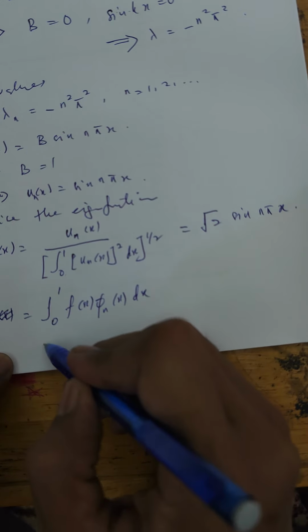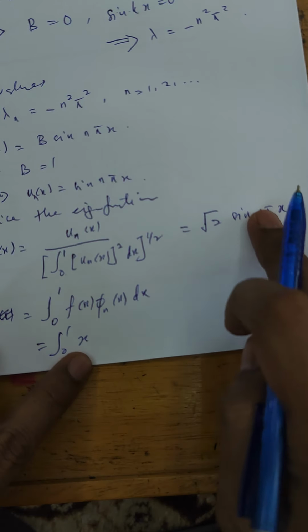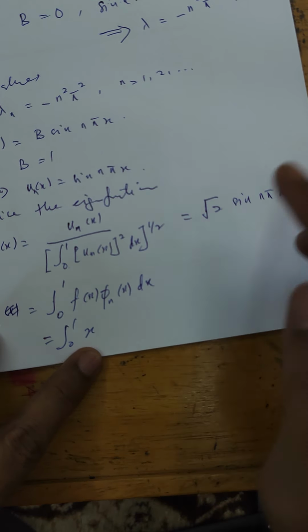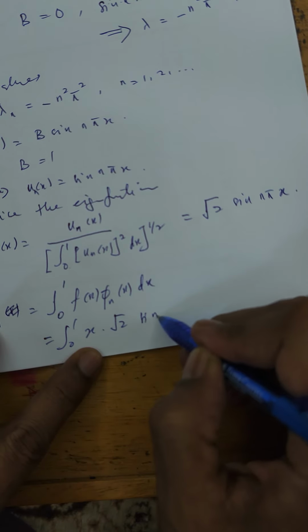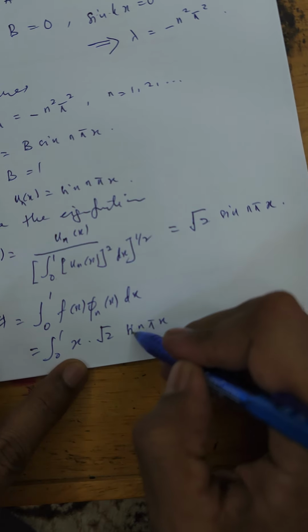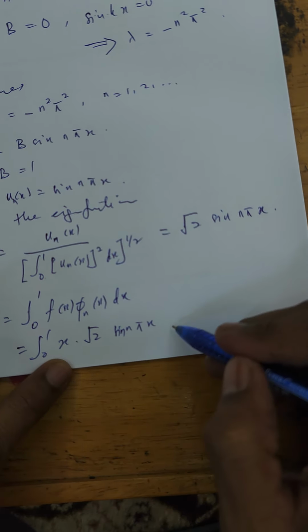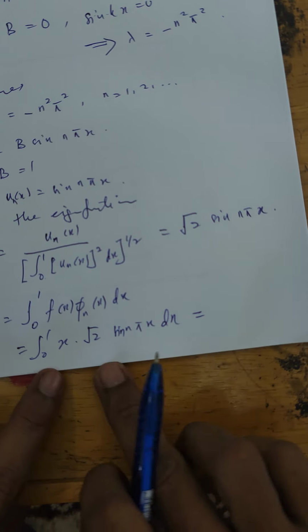So this is equal to the integral from 0 to 1, f(x) is x, phi n x is square root of 2 sin n pi x, dx. So you do all this process. This is not difficult.